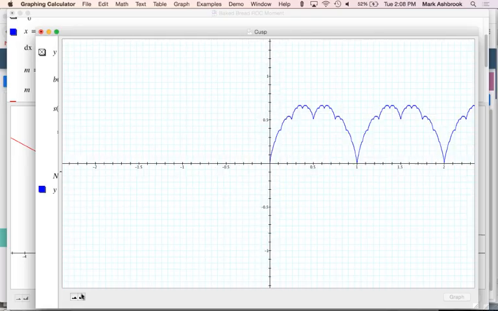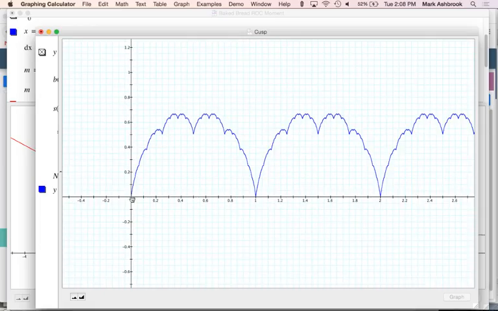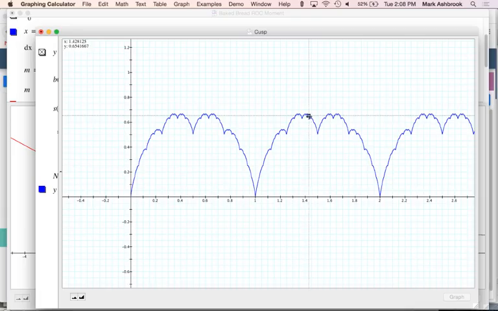So here's a very interesting function. See that it's somewhat jagged here. So if I come here and I go, say, to, I can't remember what it was, 1.23. Yeah, 1.23075 is a good one.